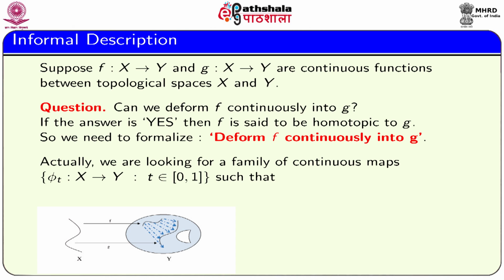So, the question is, can we take this f, this image portion, and deform it continuously to get into this g? In this case, from the figure, we feel that yes, we can.